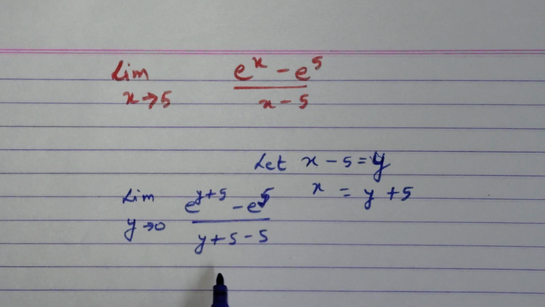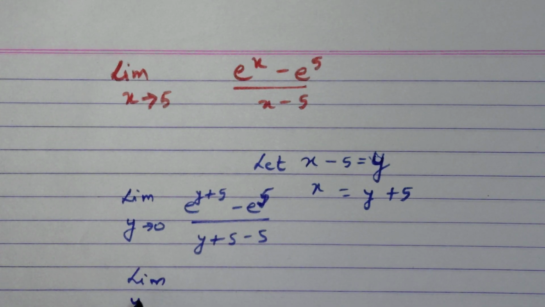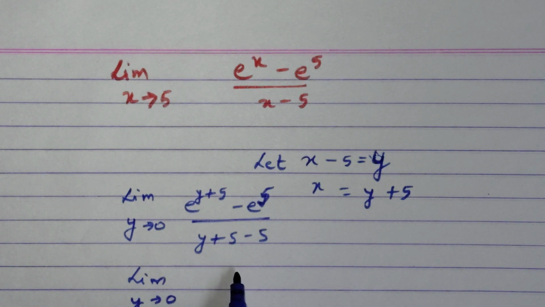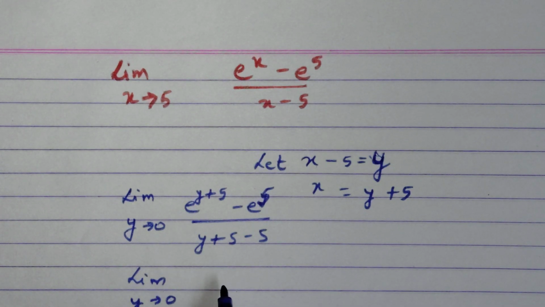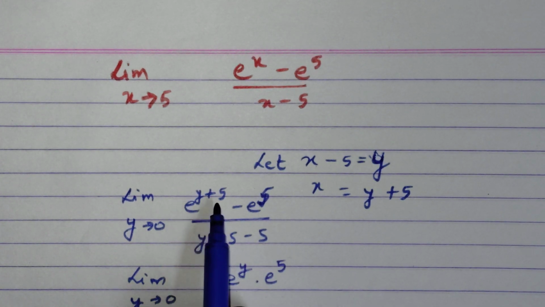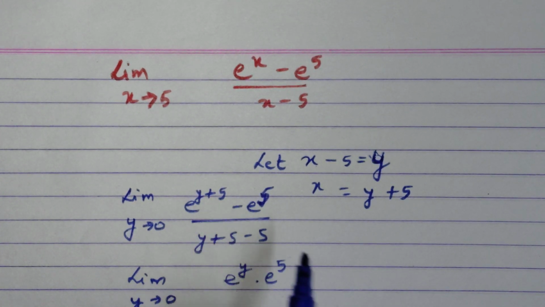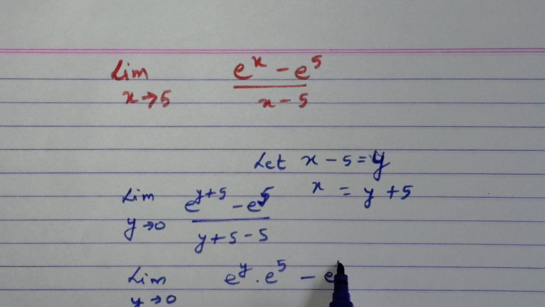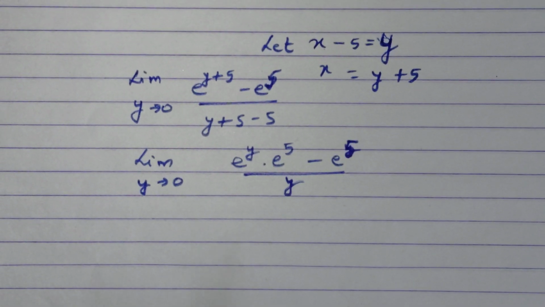Plus 5 and minus 5 cancel out, and left term will be limit y tends to 0, and here e raised to power y plus 5, according to exponential rule powers are added, so we separate out e raised to power 5, e raised to power y, minus e raised to power 5 upon y. This will be left after simplifying.